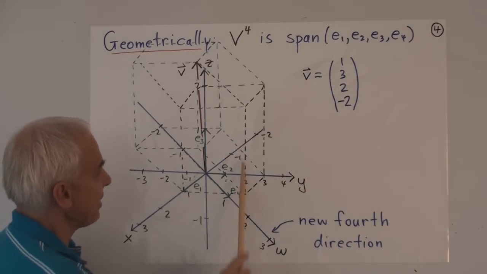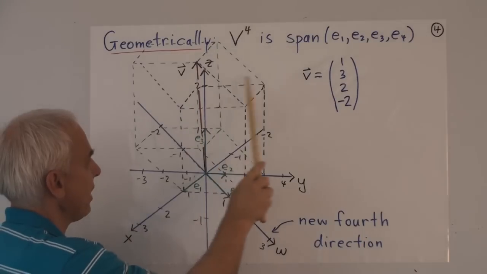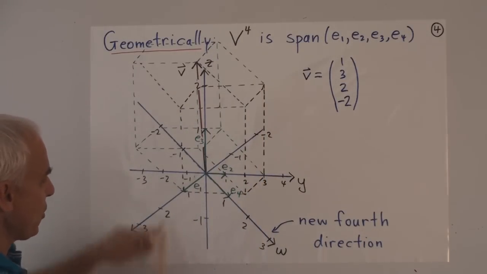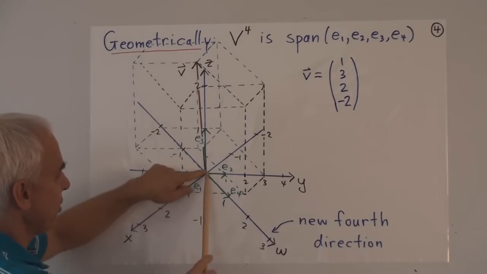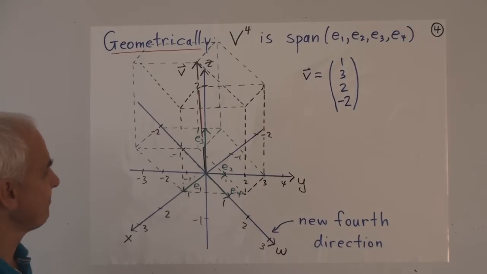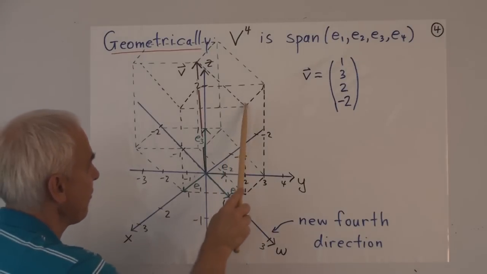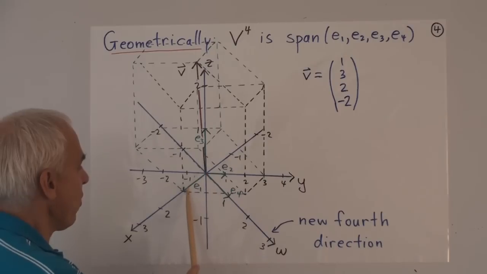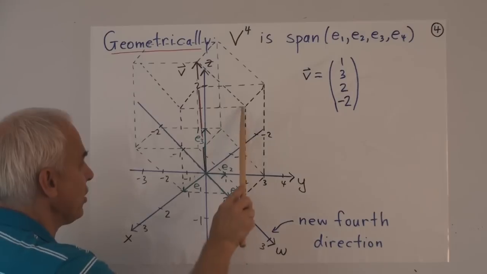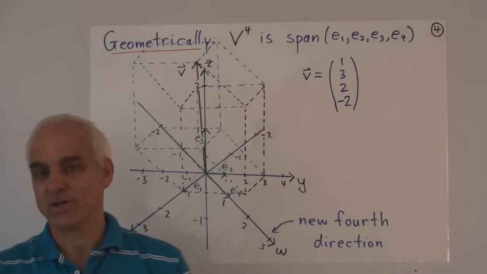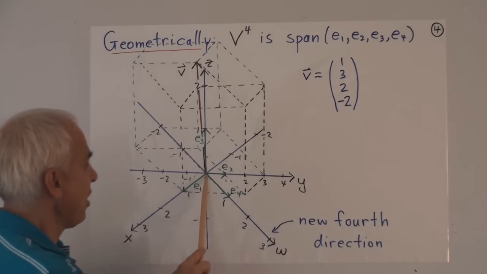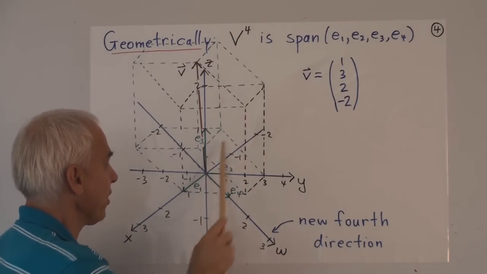Then in black here I've shown you a parallelepiped, a box in ordinary 3-dimensional space with sides 1 in the x direction, 3 in the y direction, and 2 in the z direction. And then this point right here would be the result of going 1 step in the x direction, 3 steps in the y direction, and 2 steps in the z direction. So if we were just in 3-dimensional space, the vector 1, 3, 2 would be from here to here.